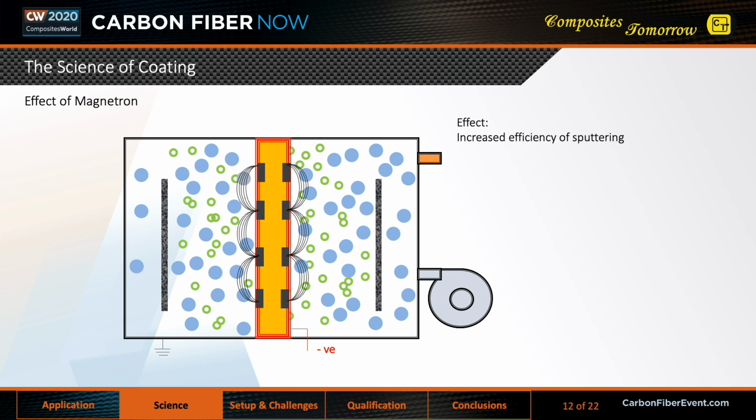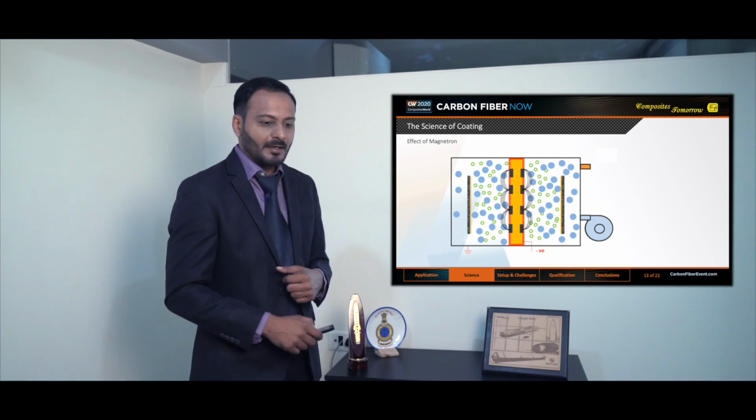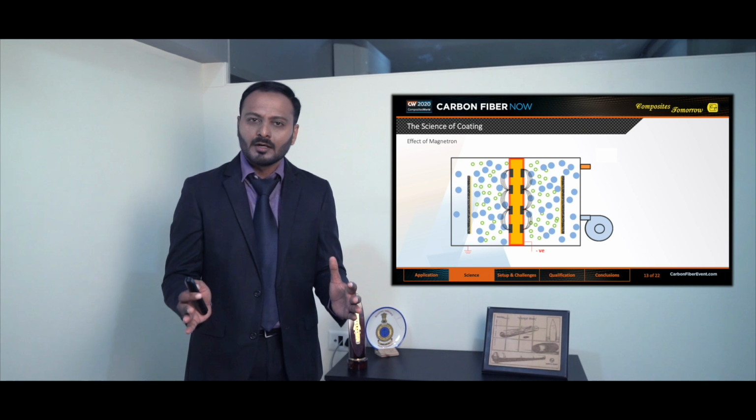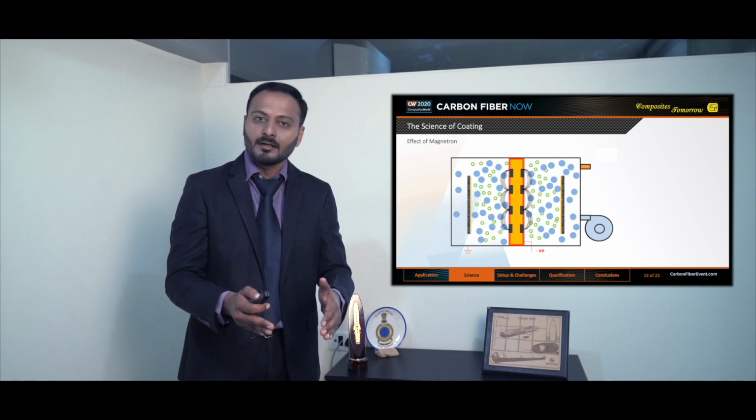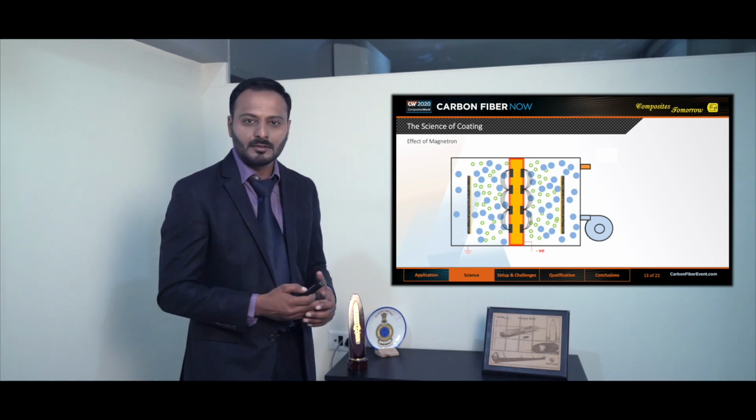Thus, the probability of striking the ion to target increases, and hence the deposition becomes more efficient and uniform, as shown in this figure. Well, this is the central idea of using vacuum sputtering for depositing metals on carbon fiber composites.